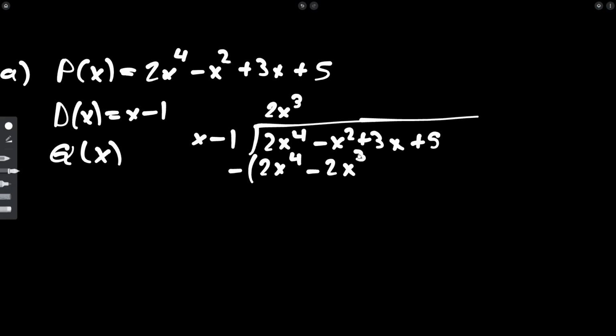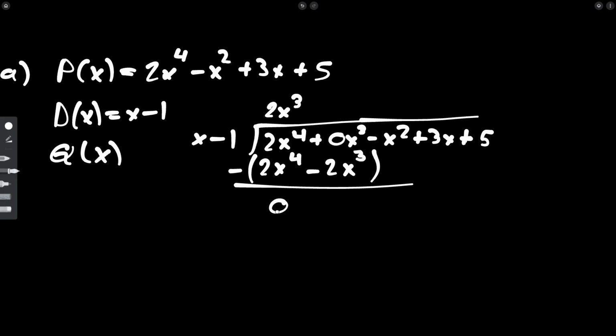This looks a little awkward because we have a cubed here. So what is actually even better is putting a sneaky little plus 0x cubed here. That is going to be extremely helpful. So now it's extremely clear that this becomes 0. This becomes positive because negative, negative 2x cubed.